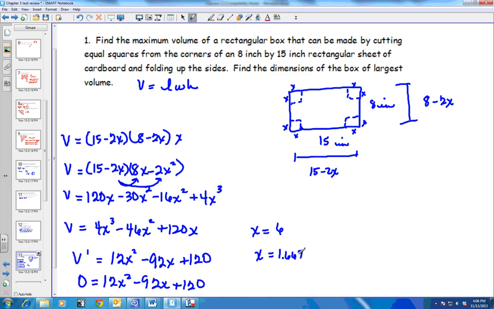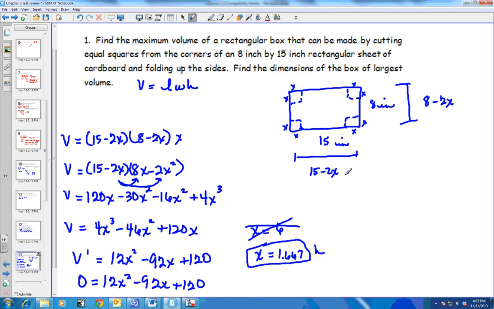Okay? Well, if I chose 6 and plugged it in right here, 2 times 6 is 12, 8 minus 12, I get a negative side. So I automatically know that 6 cannot be my answer. So I know that my x is 1.667. That's actually my height.